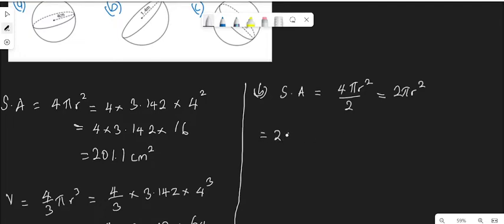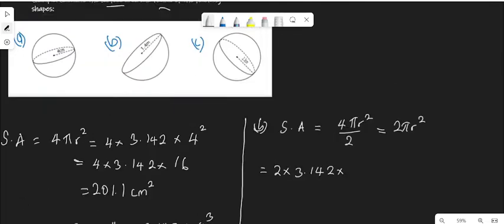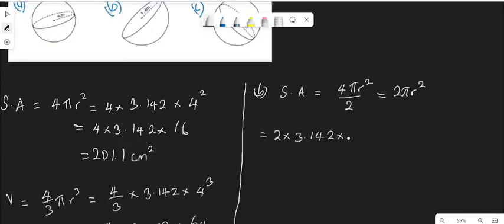That will be 2 times 3.142 times the radius there, which is 1.4 meter, squared. 1.4 times 1.4 gives us 1.96.